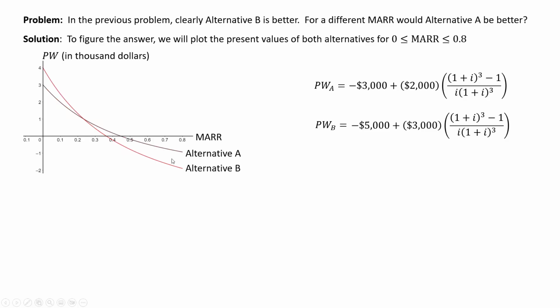The answer is no. Clearly, alternative A is above alternative B, so we should pick it. But remember, there is a third option, the do nothing option, right? The fact that these are negative means do nothing is better than these alternatives.